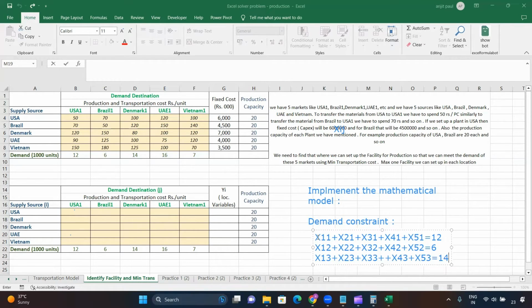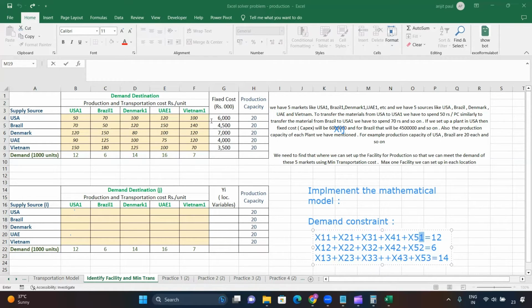If you see here, our sources are changing. This is the source, this is the source, this is the source, this is the source, and this is the source. So our sources are changing, but our destination remains the same. The destination here is 1, and this is also 1, 1, 1, 1. Last time we discussed that instead of implementing the mathematical model this way, we can write a compact mathematical model.